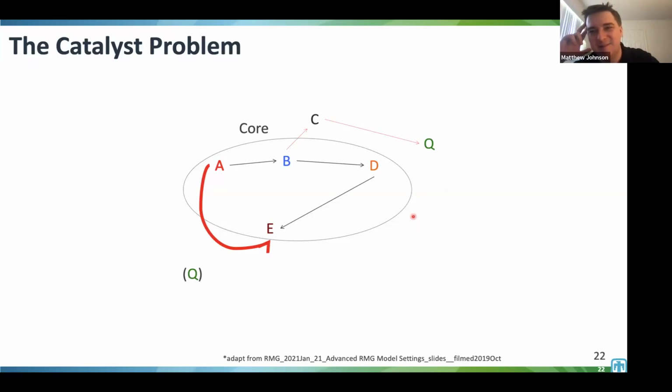There is no numerical way to detect Q from our core edge system, because we don't know that this flux is important. So if Q is important, the only way we can find Q is by simply lowering and lowering our flux criterion in the hope that eventually it comes in. But Q may have enormous importance despite having a relatively low flux.